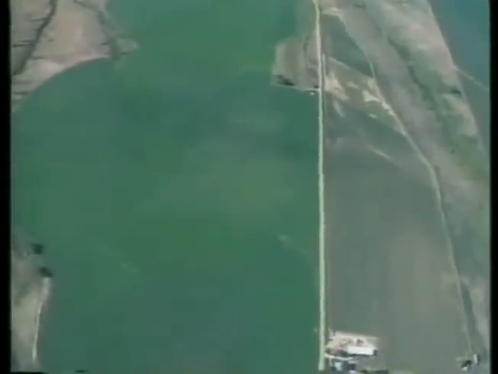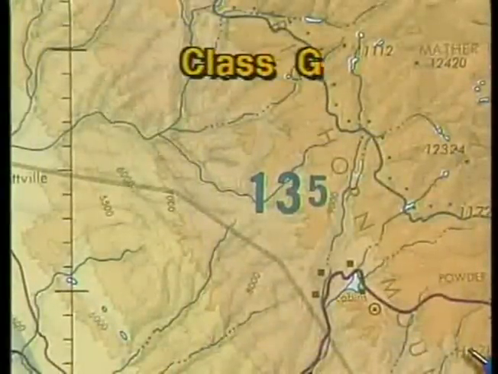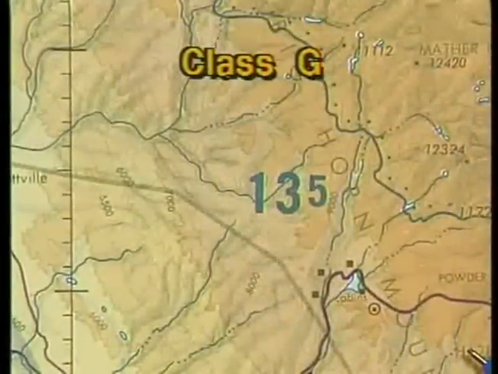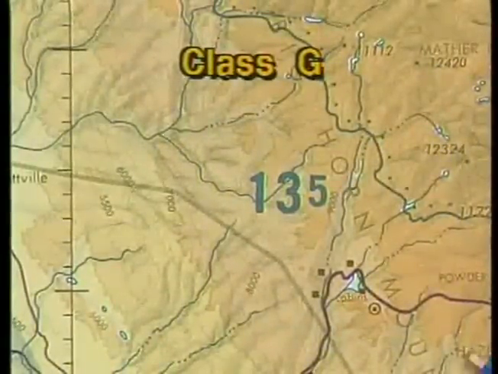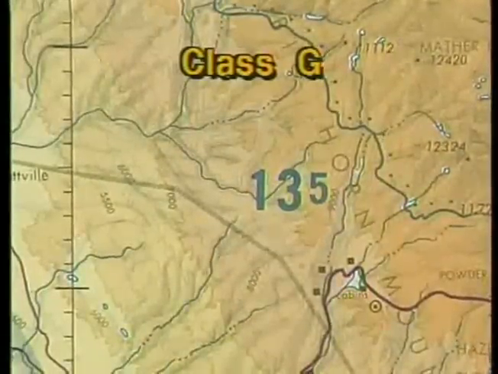As you learned earlier, all airspace is divided into two main classifications: uncontrolled and controlled. Uncontrolled, or Class G airspace, usually begins at the Earth's surface and extends upward to the base of the overlying controlled airspace.